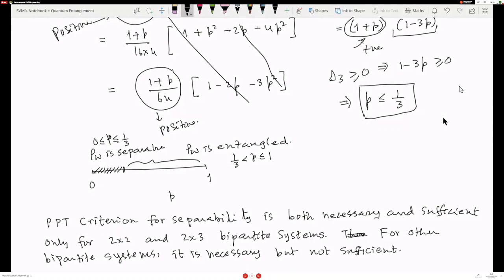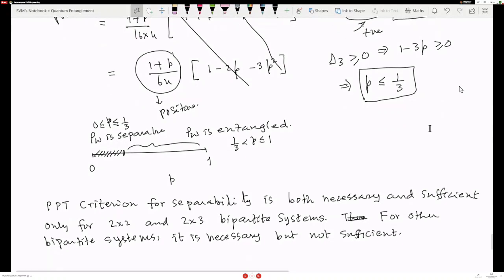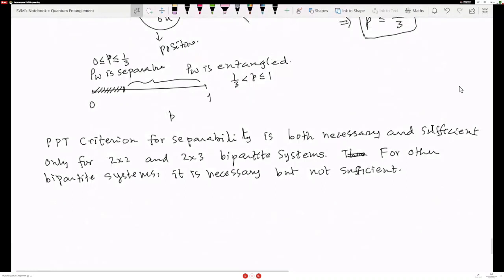So we don't know, that is, having a condition that is both necessary and sufficient for a general bipartite system is still an open question. We don't have a criterion which is both necessary and sufficient for a general bipartite system. For example, if you take 3 cross 3 systems, it is necessary but not sufficient.